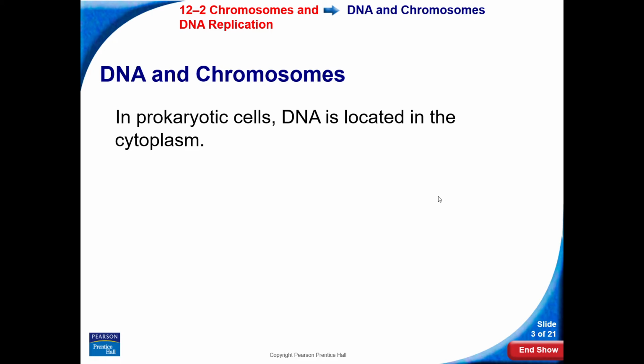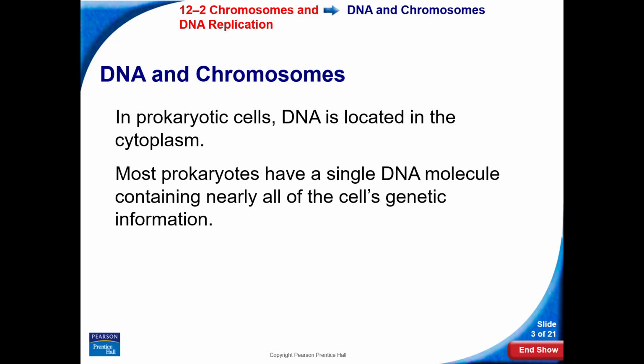So the DNA is no different. The DNA is located in the cytoplasm, and the DNA is basically like a circle. It's a loop, and it contains all the genetic information that the bacterium needs to survive, but it's not in long chains like we know as chromosomes.